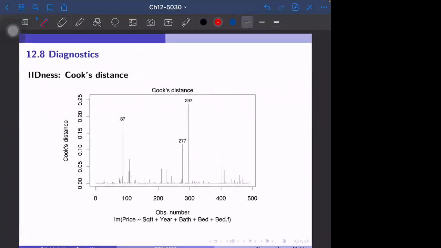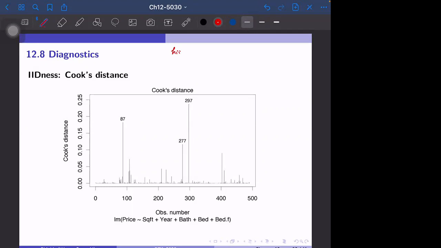Next diagnostic plot is the Cook's distance. Cook's distance represents how much each observation affects the regression line. So h_i, or h_ii in the previous page, is called leverage.